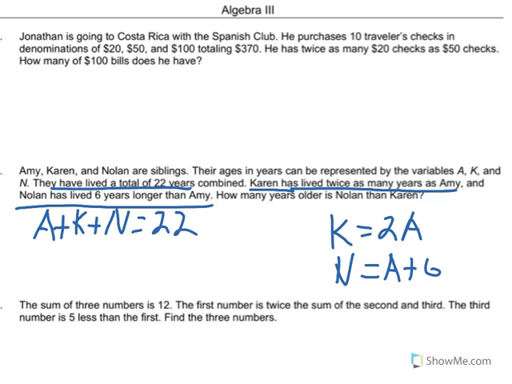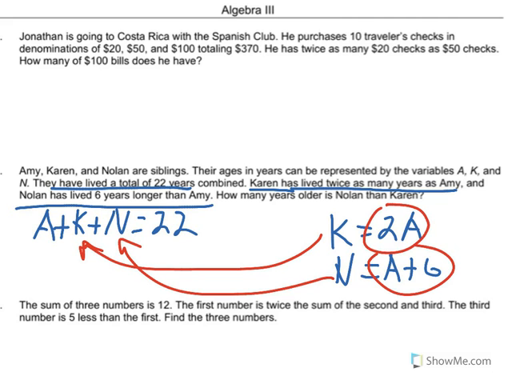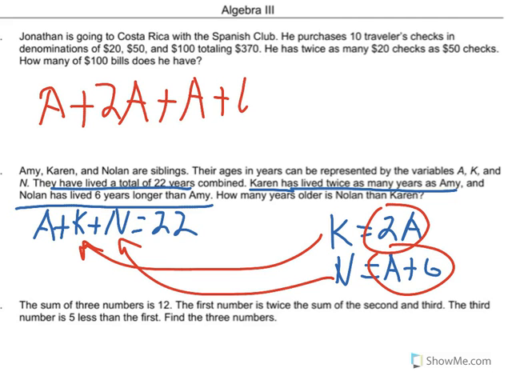Well, here, guys, I can plug in K and N and I'll only be left with one variable. So it's going to be A plus 2A plus A plus 6 is equal to 22.